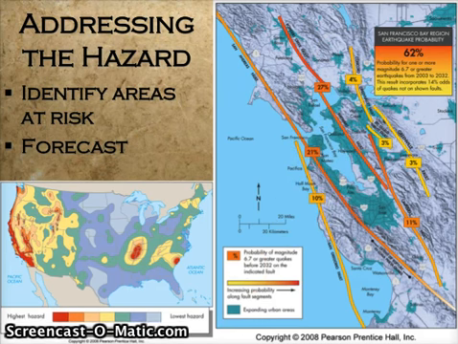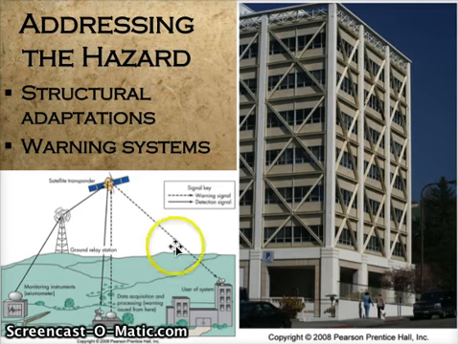So what do you do with this information? Well, the first thing you do is you adapt your structures. You try to build them in such a way that when the ground moves, the structures won't collapse. That's a very important thing to do, and we see the effect of not doing that in a place like Nepal, which is a very poor country.